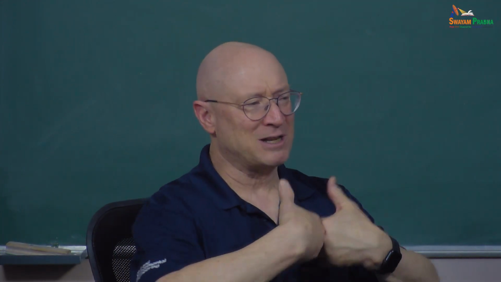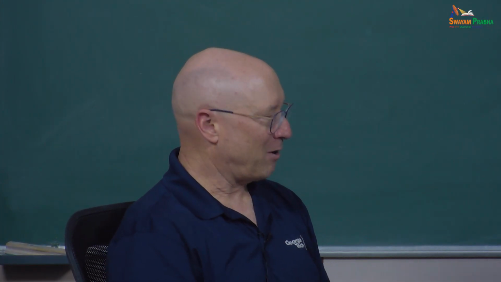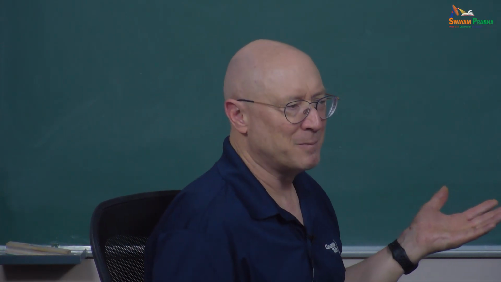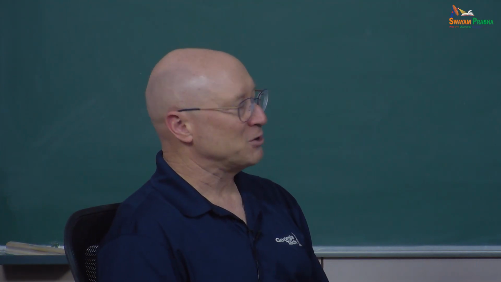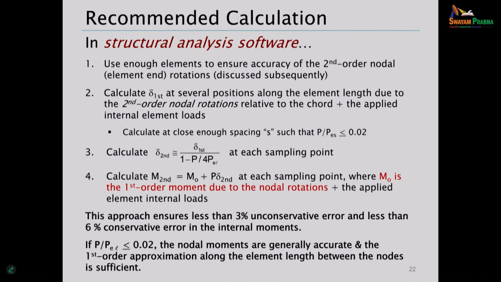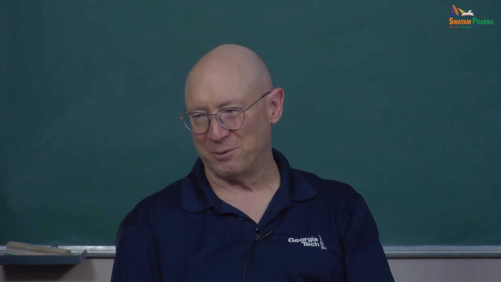So it doesn't take much before that wouldn't get you down to 0.02. You want to go 1 by 50, so 7. Now that's overkill for many types of elements, but that rule will give you something where you don't have to bother with having to fight with, I need to figure out some approximation between the nodes. I just use the first order approximation between the nodes.